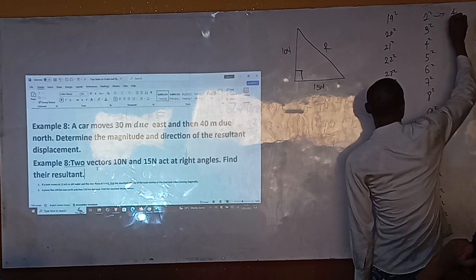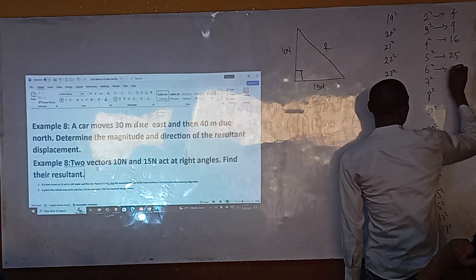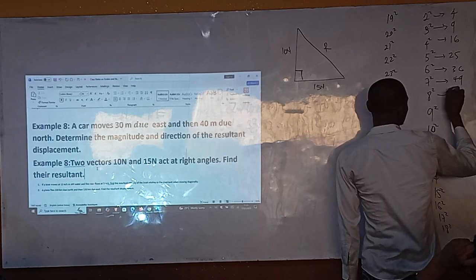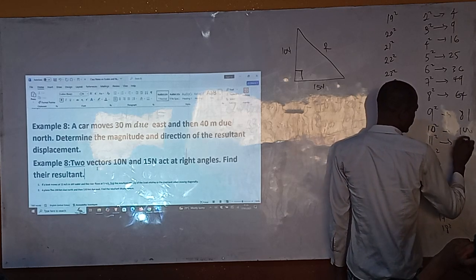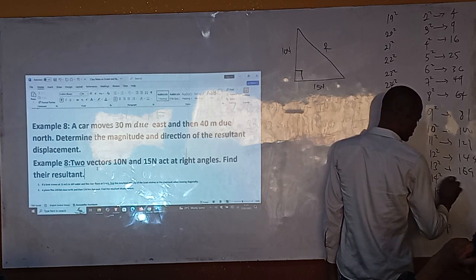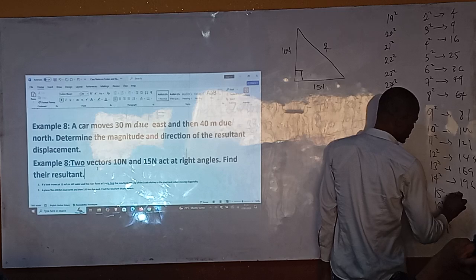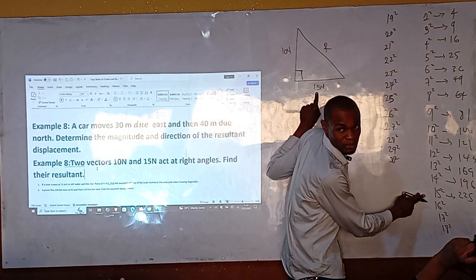We have to do that. Let's go: 4, 9, 16, 25, 36, 49, 64, 81, 100, 121, 144, 169, 196, 225. Can you see the importance of knowing this?